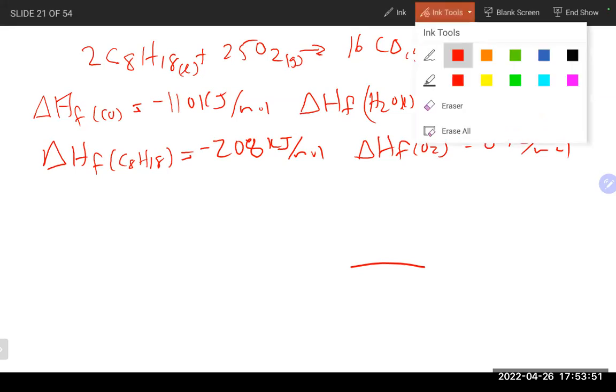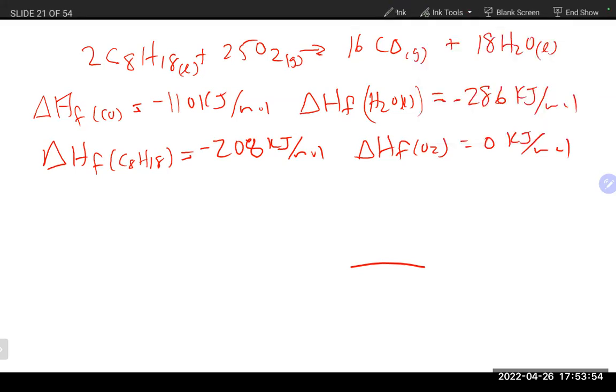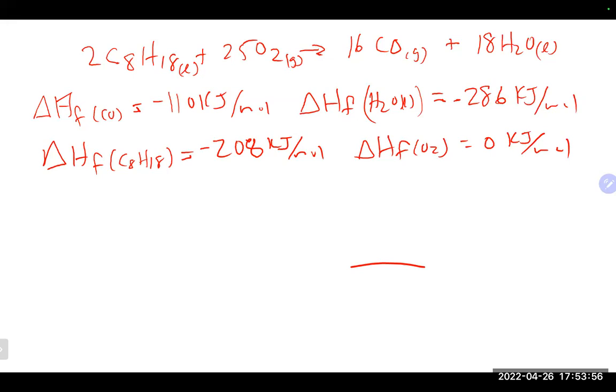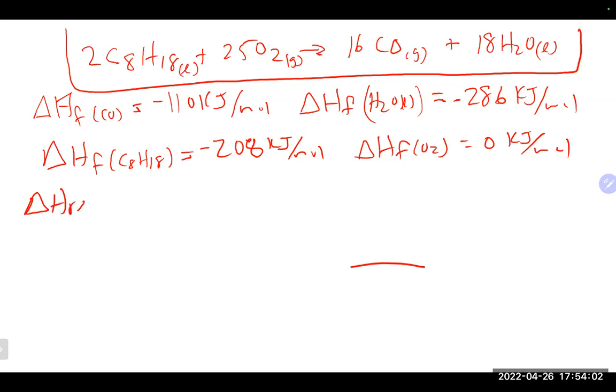Okay, so in this reaction here, this is our reaction, and what we want to calculate is the delta H of the reaction. So as I mentioned before, in any textbook in the back, there's a thermodynamic value table where you can find delta H values, delta S values, and, as we'll talk about in the next chapter, delta G values. So you could go look those up.